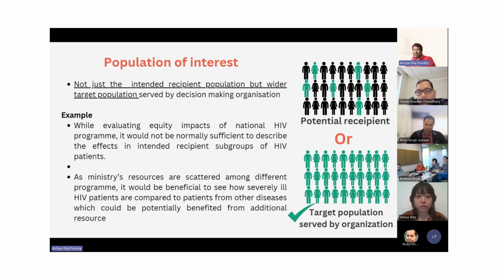The ministry resources can be scattered across different programs, and it would be beneficial to see how severely ill HIV patients compare against patients from other diseases, who could potentially benefit from the resources that were diverted to the HIV control program. So the population of interest is not the exact recipient of the intervention, but the wider target population that is served by the organization.